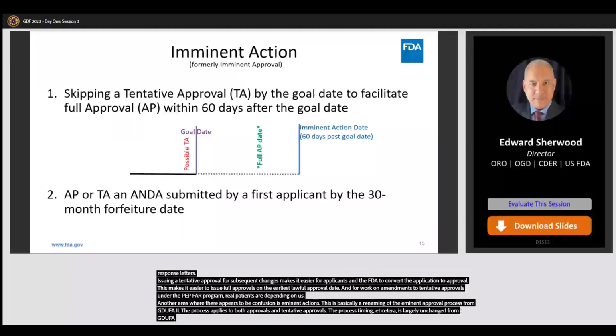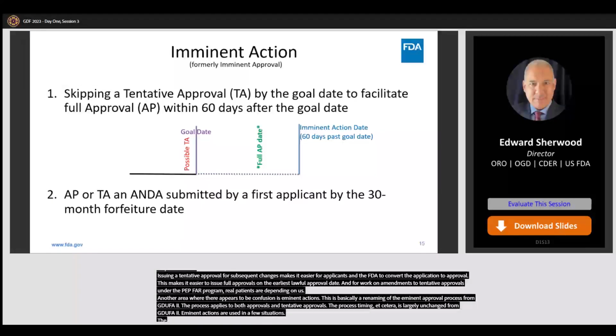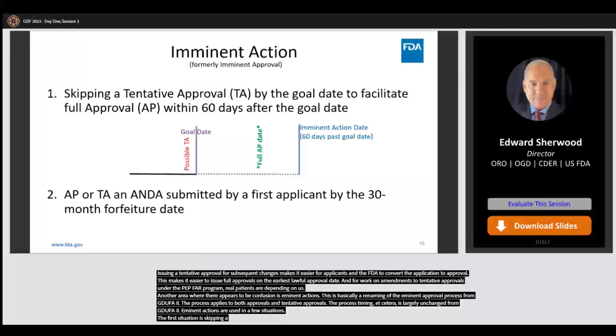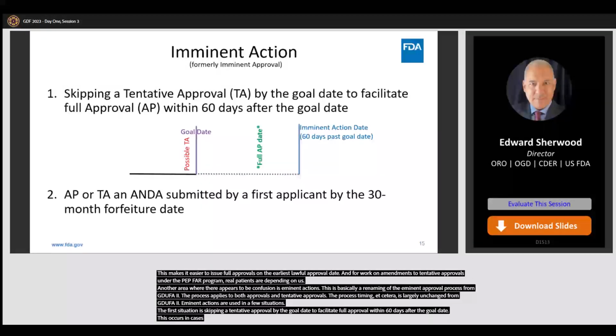The first situation is skipping a tentative approval by the goal date to facilitate full approval within 60 days after the goal date. This occurs in cases when FDA completes its work by the goal date and could issue a tentative approval, but a full approval could be issued within 60 days of the goal date.